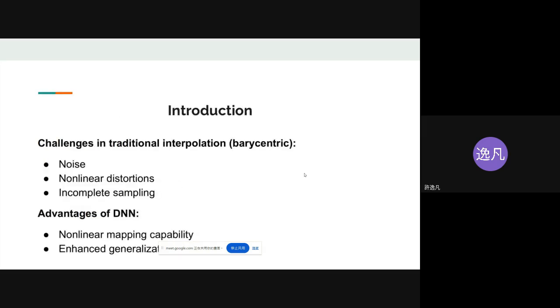However, traditional interpolation methods face several challenges: noise sensitivity, nonlinear distortions, and incomplete sampling. DNNs offer a solution by leveraging their nonlinear mapping capabilities, which improve generalization and accuracy in function approximation.